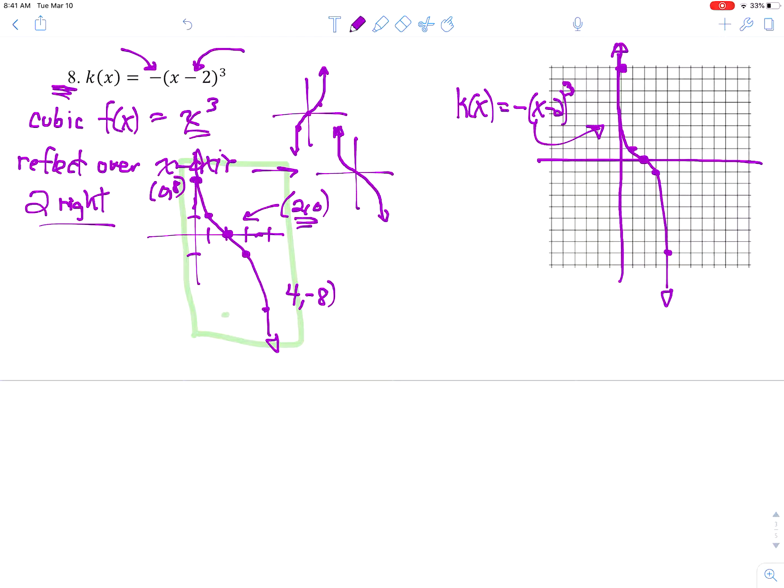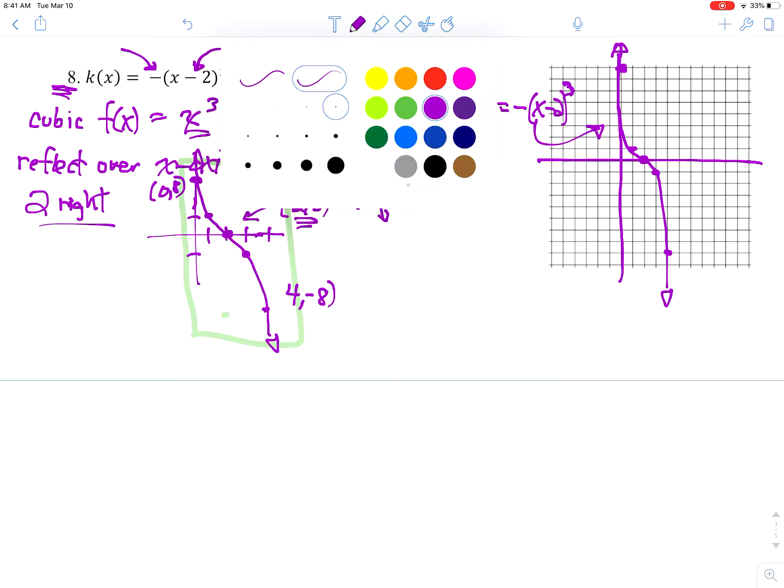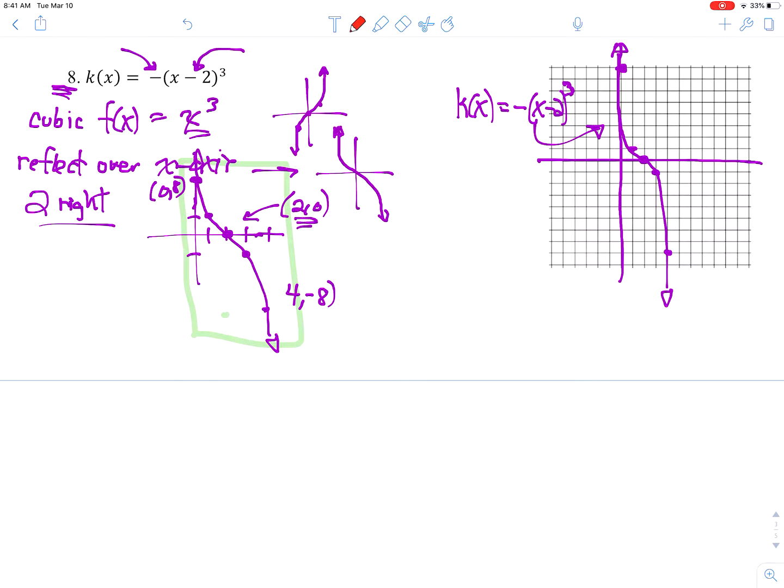Now, if you want to do more of a table pattern approach, here's how you do that. The analysis is the same. You know that it's a cubic. You know it's reflected over the x-axis and then 2 right. So I'm going to make a grid of my cubic important points.